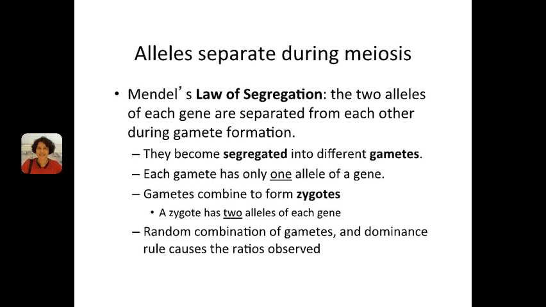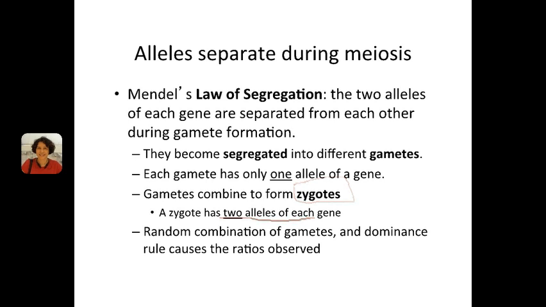Then, when the process of fertilization occurs, the gametes are going to combine. 2 gametes, an egg and a sperm, combine to form a zygote. And the zygote is again going to have 2 alleles of each gene. So the normal number of chromosomes for the species is reconstituted during the process of fertilization.